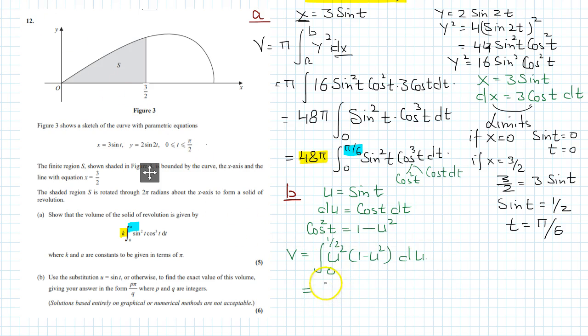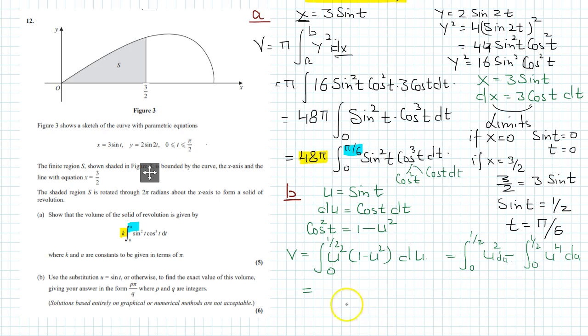So this is equal to the integral from 0 to half of u square minus the integral from 0 to half of u to the power 4 du.